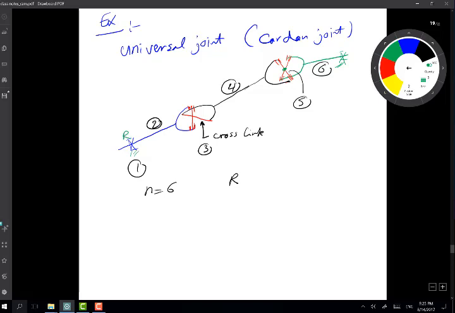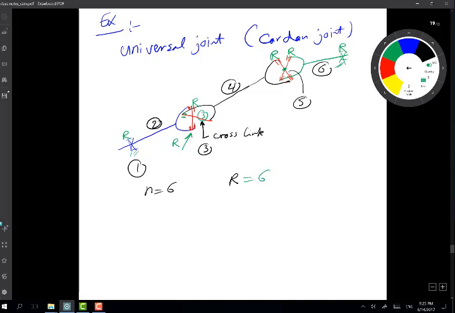Or I can say, for example, there is an R between 2 and 3, and between 3 and 4 there is another R, and same here, and same here. So R is 1, 2, 3, 4, 5, 6. R is equal to 6.